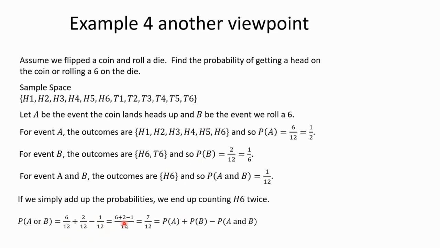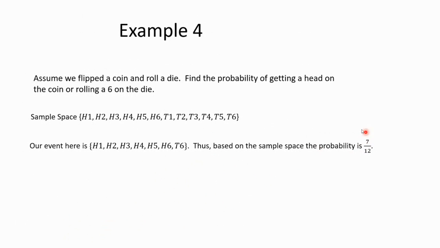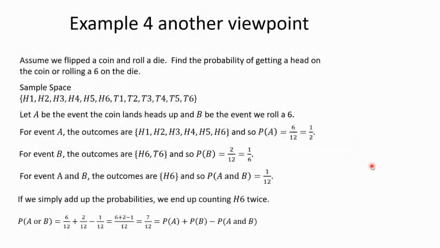We subtracted, that is, and we get 7/12, which is this answer. So that's why the formula works. It's not a proof, so to say, but it's just demonstrating the formula.